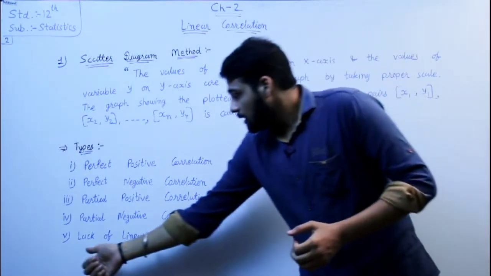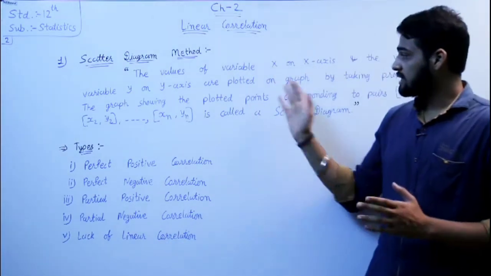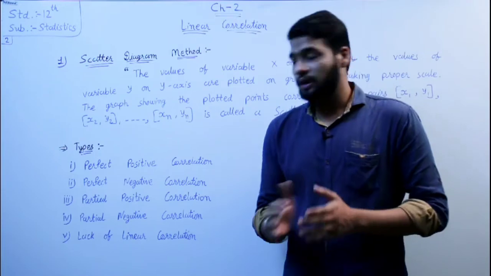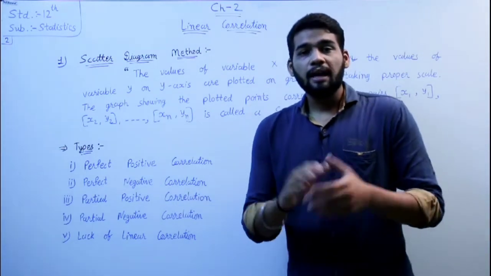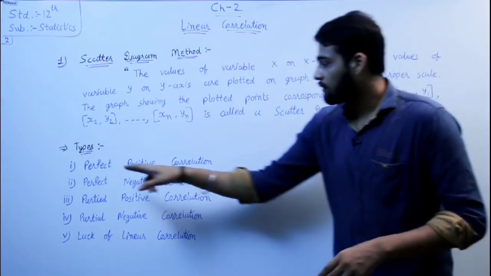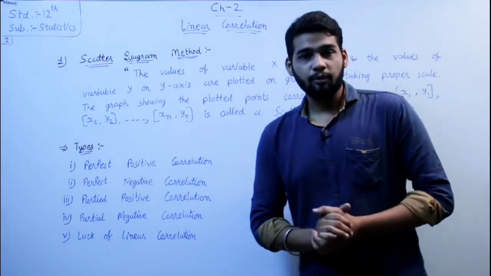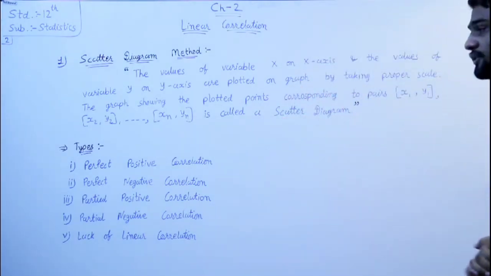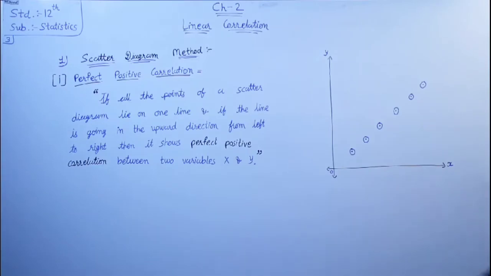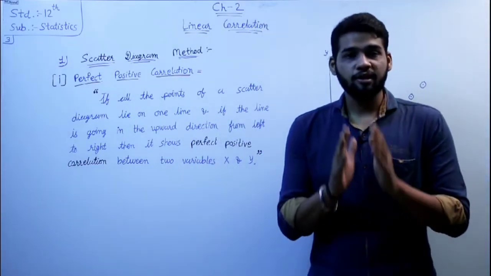That is called lack of linear correlation. Please note down this definition and these types in your notebook. Let me start with the first type, perfect positive correlation, and understand it by example. What is perfect positive correlation?